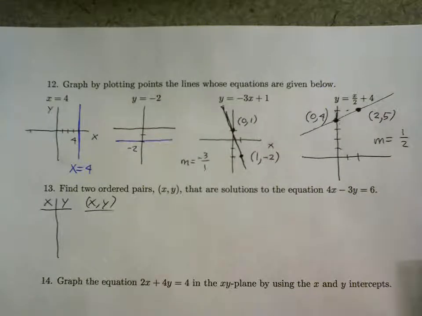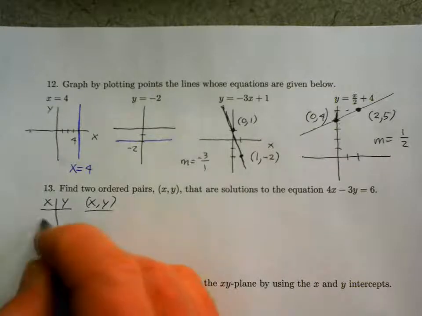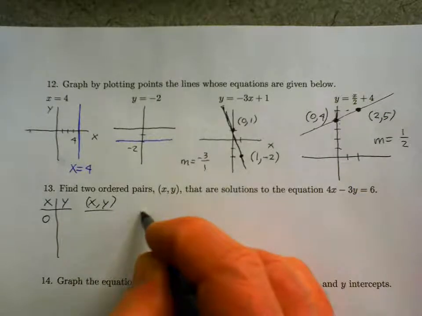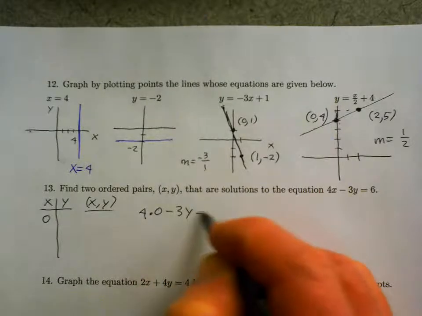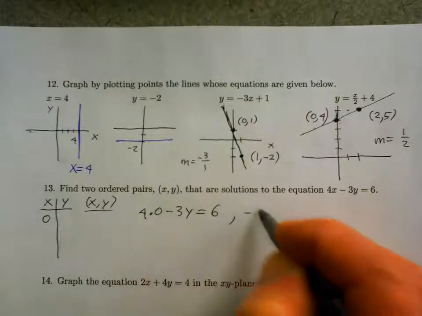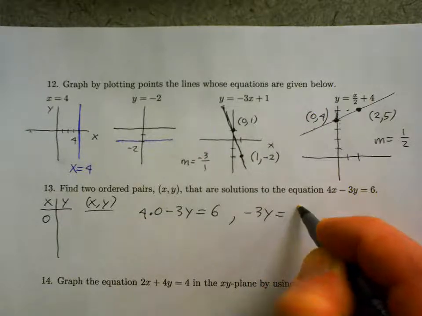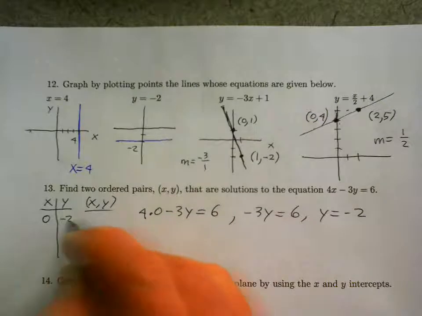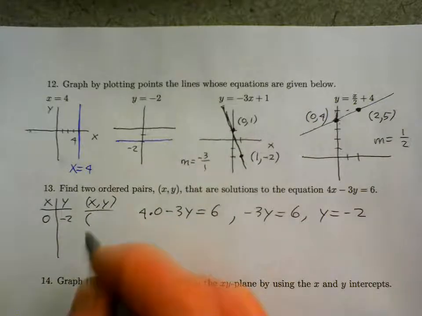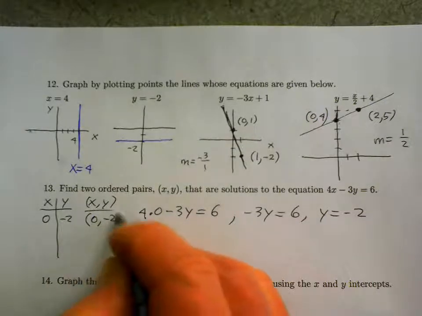So just do whatever you want. We can pick x to be 0. And when x is 0, 4 times 0 minus 3y equals 6, or 3y equals 6, which means y equals negative 2. So one ordered pair solution is (0, -2).